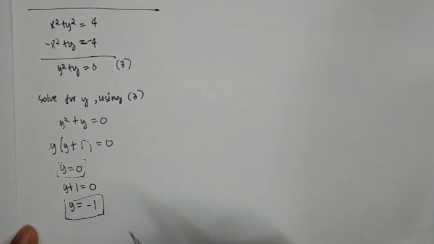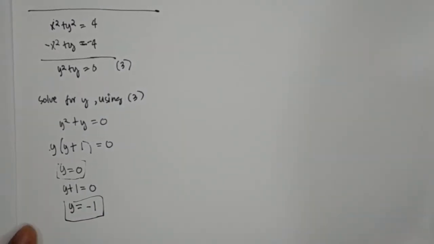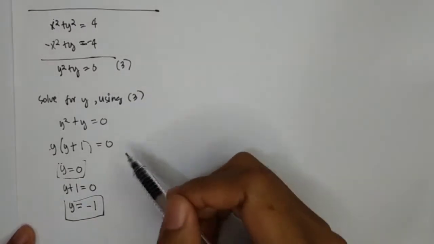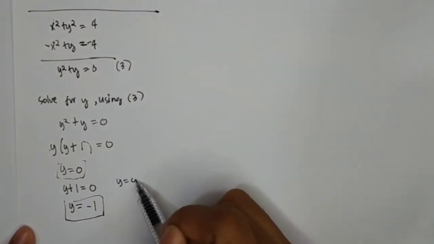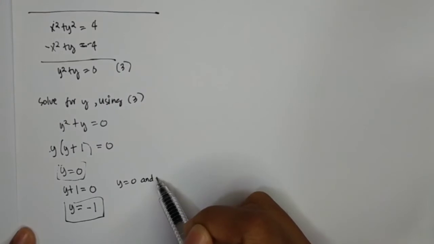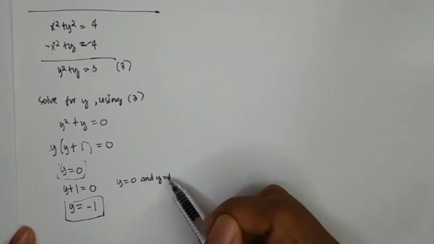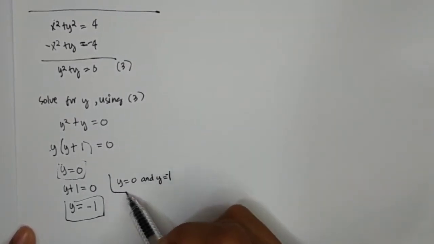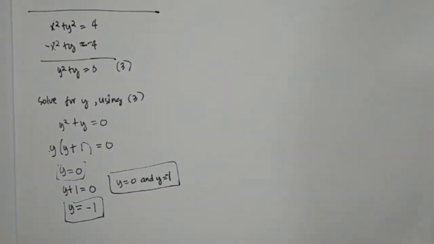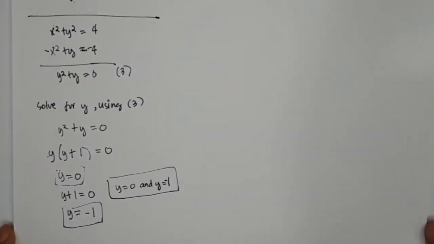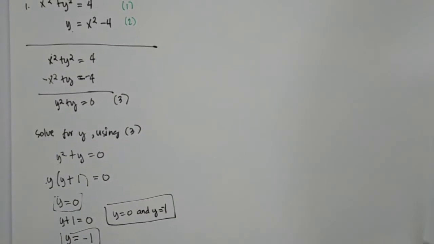So, we have here our values for y: y is equal to 0 and y is equal to negative 1. So, take note of this. Yan yung kailangan natin i-substitute para mahanap natin yung value ng x. Okay?